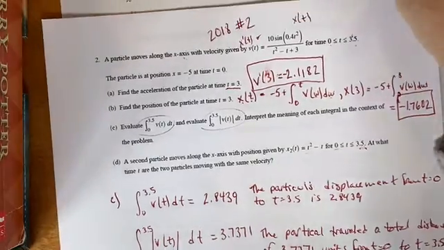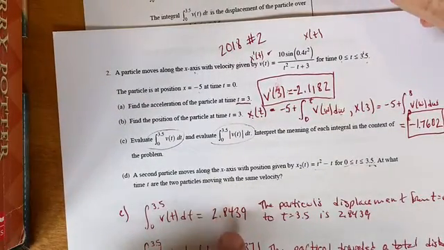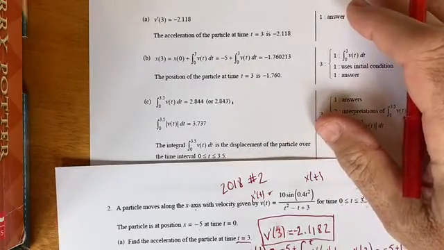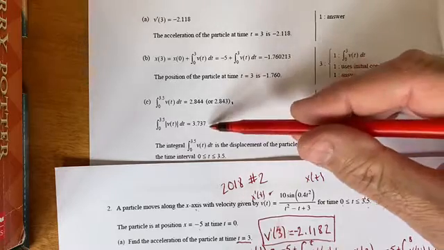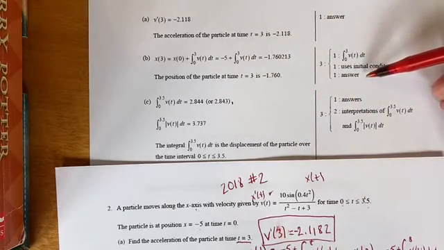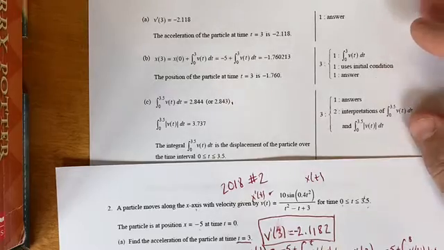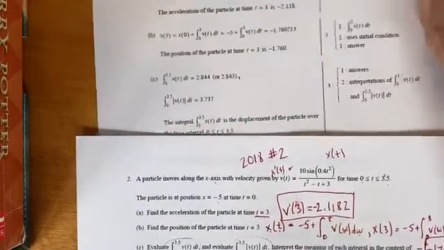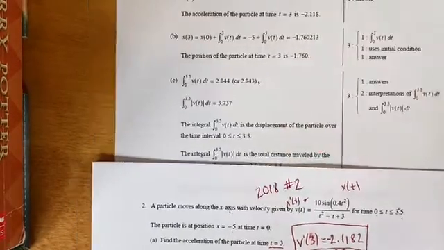For C, there are 2 answers, interpreting them: displacement for the first one and total distance for the second one.